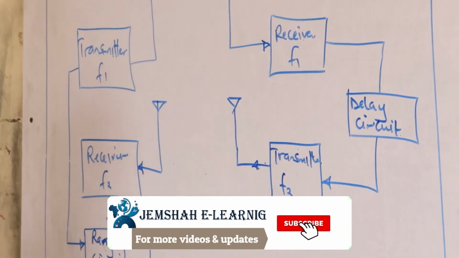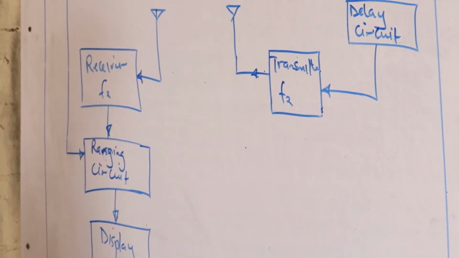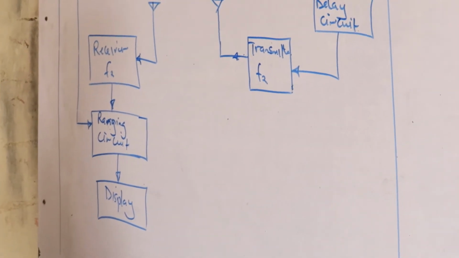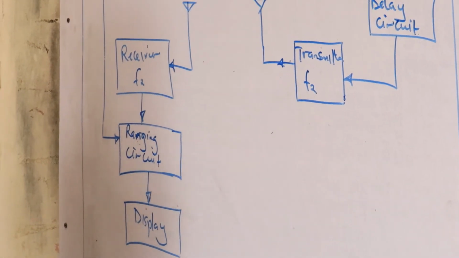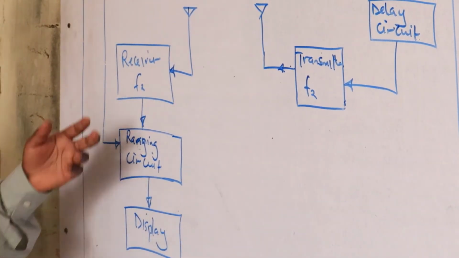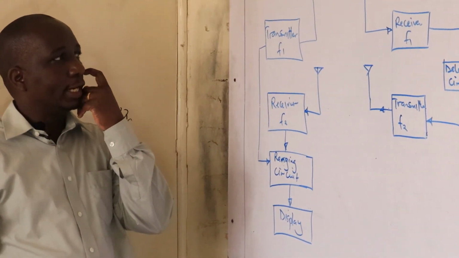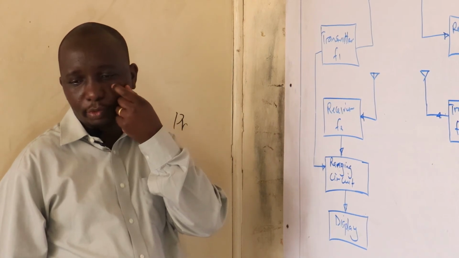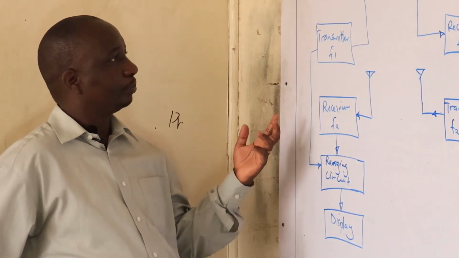Receive F1. So this is a DME radar, which is another type of radar, and in this case, the interrogator sends periodical RF pulses, which are received by the transponder.